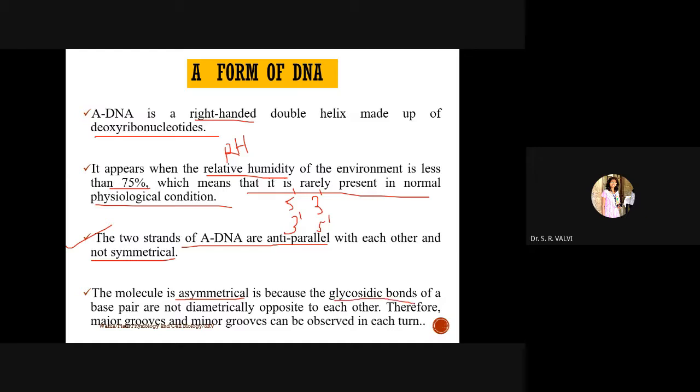Please always remember, in my previous lecture I explained what a glycosidic bond is and between whom it is present. Because the glycosidic bonds of a base pair are not diametrically opposite to each other, major grooves and minor grooves can be observed in each turn. The glycosidic bond is the bond present between sugar and nucleotide base.